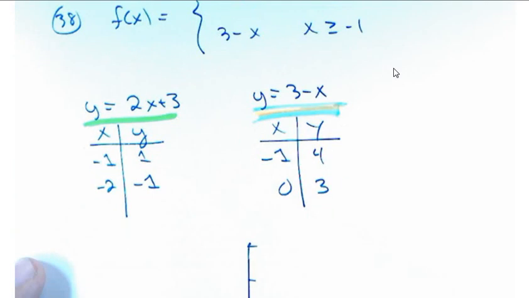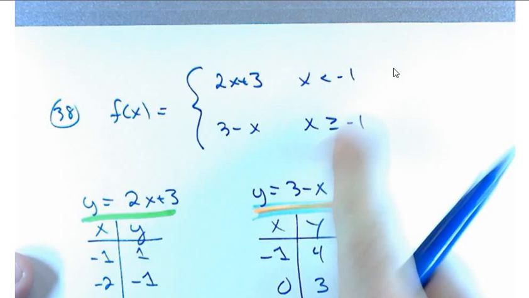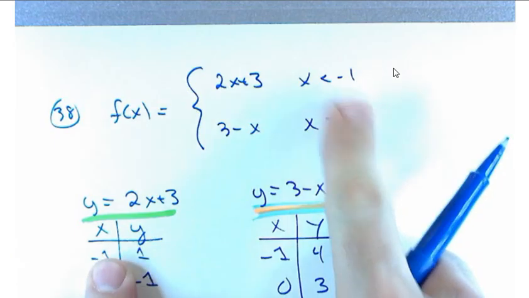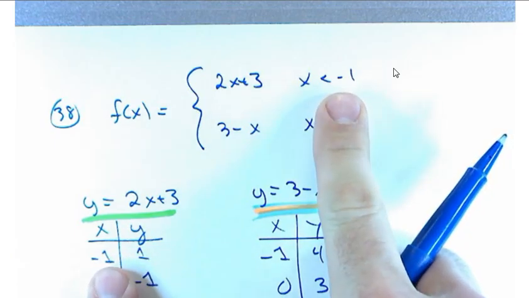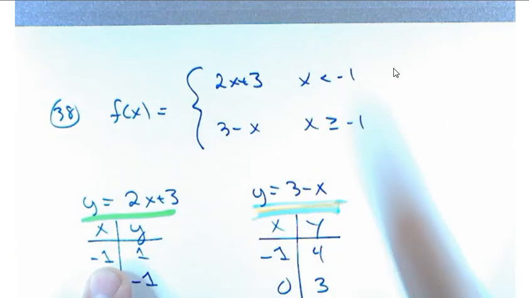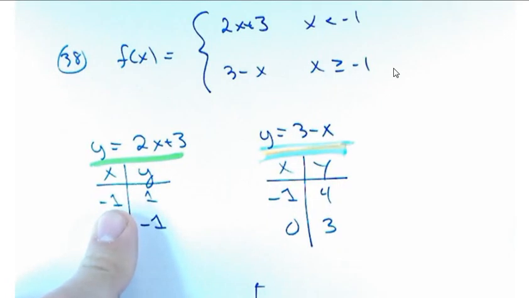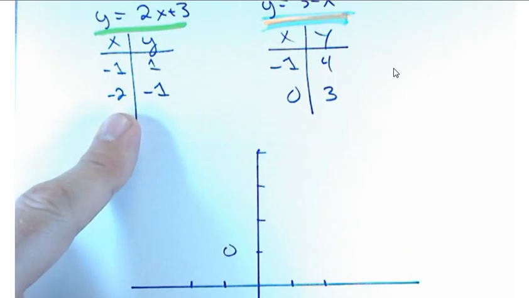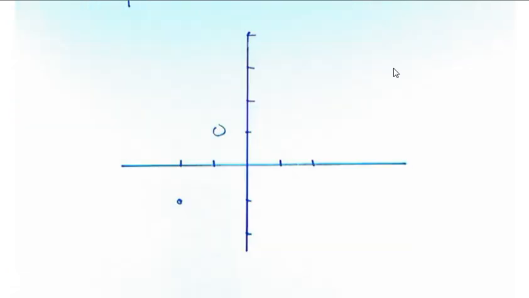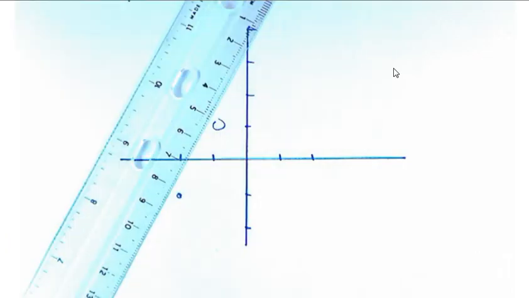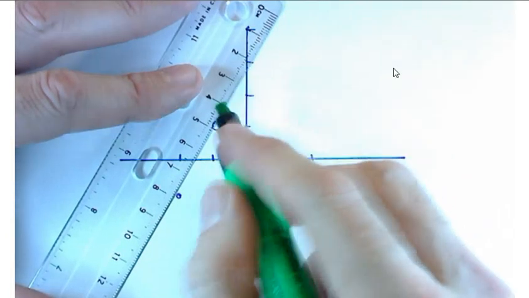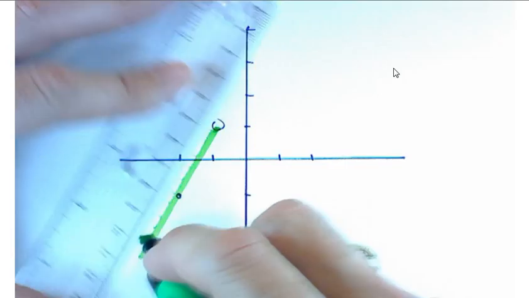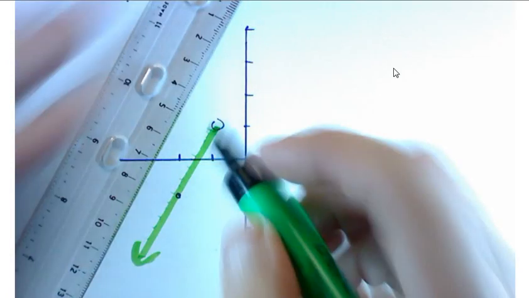That's up here. What kind of a dot am I going to draw at negative 1 and 1? Hollow or solid? Hollow. So negative 1, 1, hollow dot. Negative 2, negative 1. It's going to be down here. And then draw an arrow, draw a line from there like that. So that's the first part of the graph.